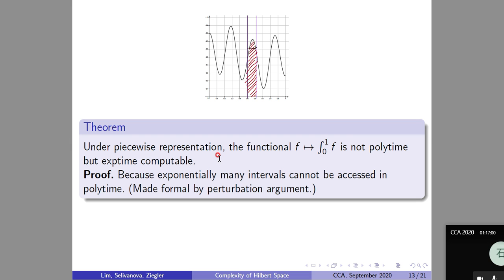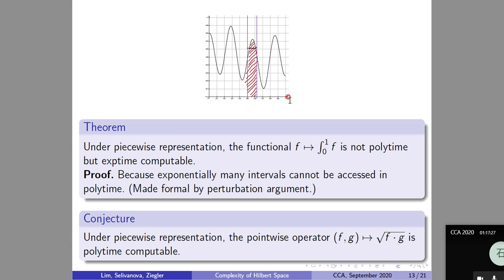Exponential time computability we can show by just a brute force algorithm, and for non-polynomial time computability, we can show that basically this functional has to access exponentially many intervals to know this integral, and this can be made formal by a perturbation argument.